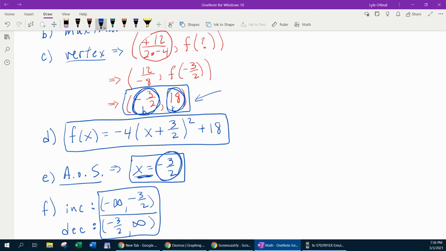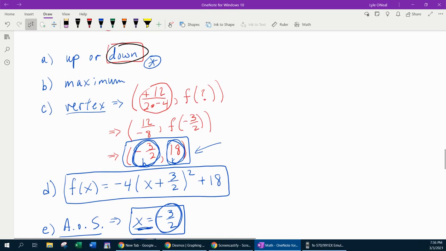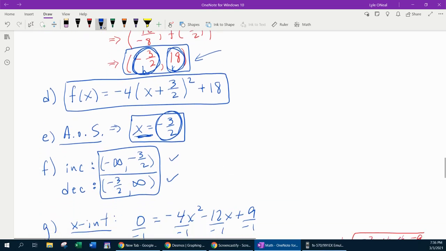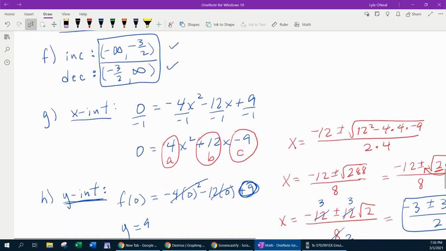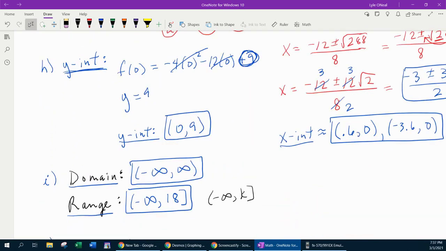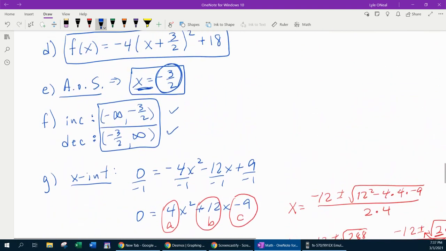You also have increasing and decreasing if you know the direction it opens and the vertex, and the domain and range. Super easy. The domain is always all real numbers, and the range is going to always involve the y-coordinate of the vertex.